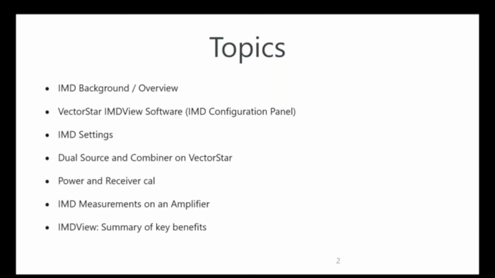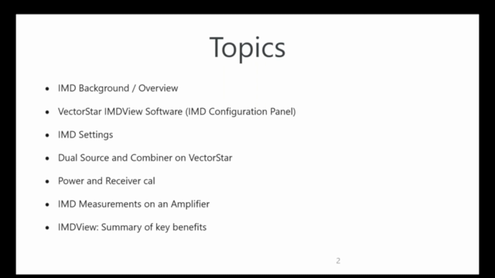Initially, I'll give a bit of background on linearity, IMD, why we do that, and so forth. Then we will speak about the configuration panel itself, the IMDView software, and go through the various settings in that panel. Then we will speak about the dual source and the combiner, which is what I would be using on my VectorStar.